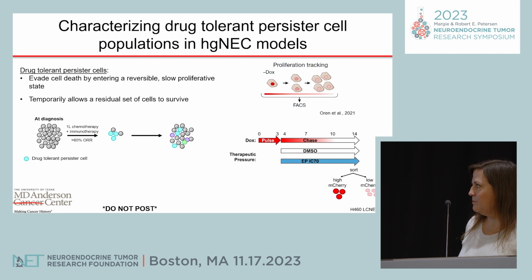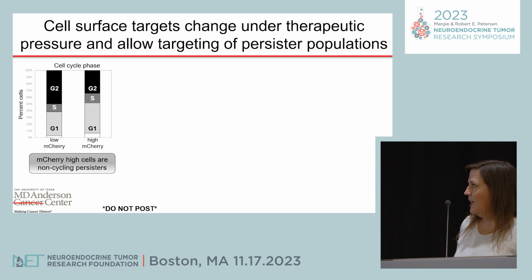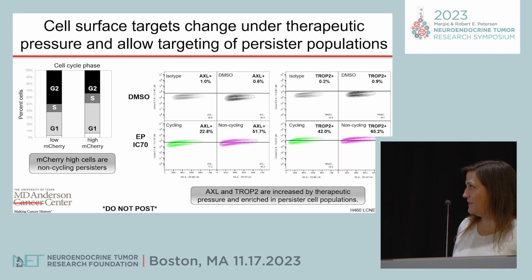And so we've done a simple experiment with a DOX pulse chase. During the chase period, as the cells are proliferating, we're hitting them with therapeutic pressure, either DMSO or high levels of cisplatin and etoposide at an IC70. And after prolonged exposure, we've sorted the cells for high mCherry expression versus low mCherry expression. And as we would predict, the cells with high mCherry have an expansion of the G1 phase, which suggests that they are non-cycling persister cells.